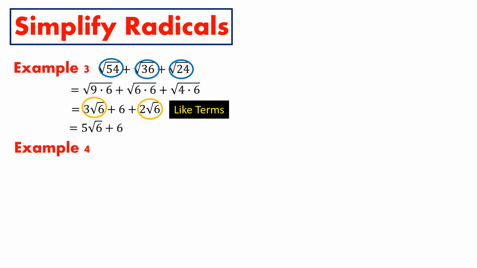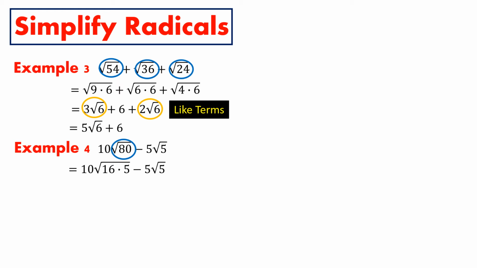In example 4, we are given 10 square root of 80 minus 5 square root of 5. Again, we need to simplify square root of 80. We rewrite 80 as the product of 16 and 5. 16 is a perfect square.